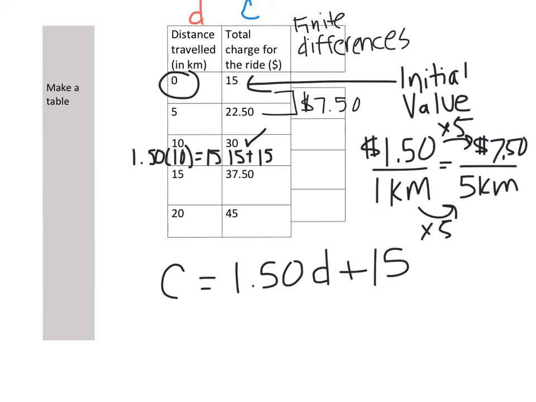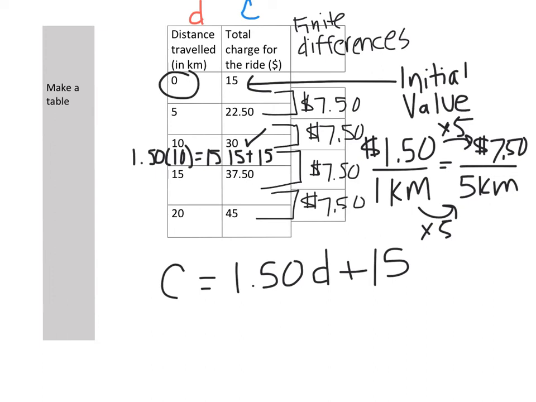And we're going to continue this down the column. So $30 subtract $22.50 is going to give us $7.50. $37.50 minus 30 is going to give us $7.50. And 45 minus $37.50 is going to give us $7.50.